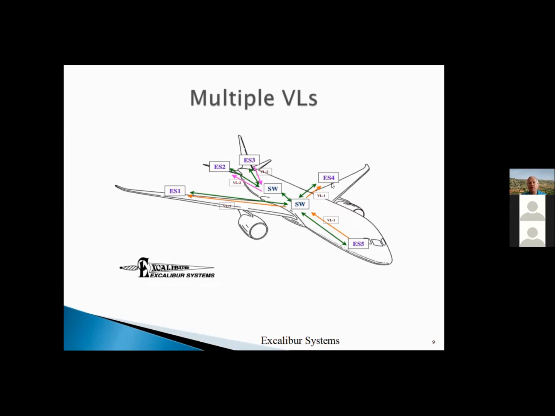So we know all the boxes on the plane. Each one of the boxes is given a certain number of VLs that it's allowed to transmit. And that way we don't duplicate, which obviously is going to simplify the work of the switch because he knows that each VL is only coming from one place. In other words, he knows which input port is supposed to have which VL, and if he doesn't get it, then that's an error condition.